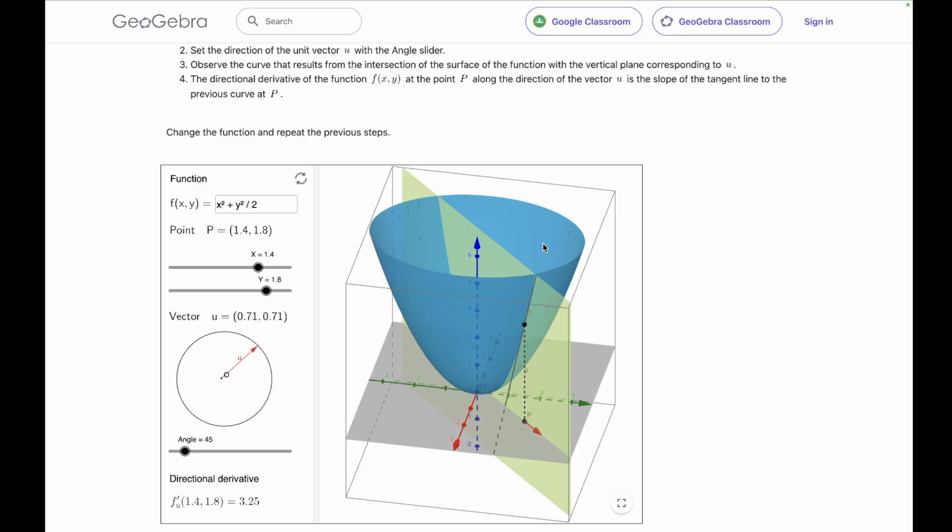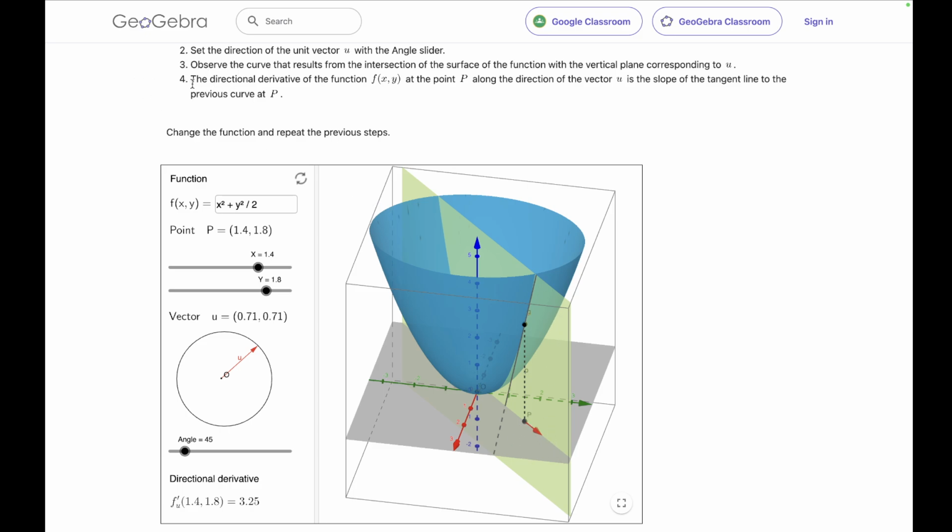This curve cuts this surface. So this is the tangent line to the curve, and the slope of the tangent line is the directional derivative of the function f(x,y) at the point P in the direction u.